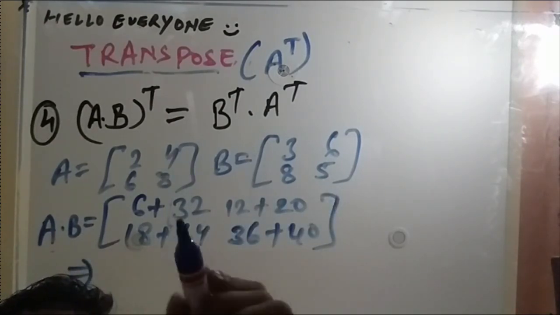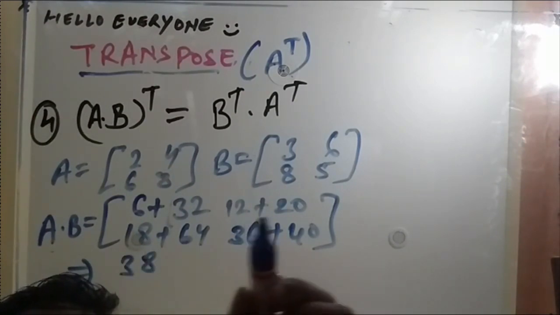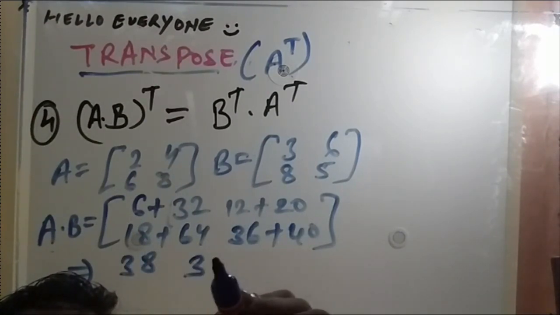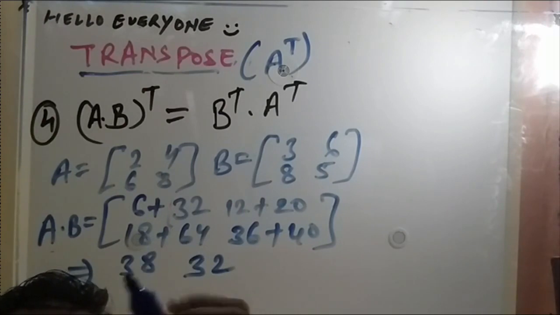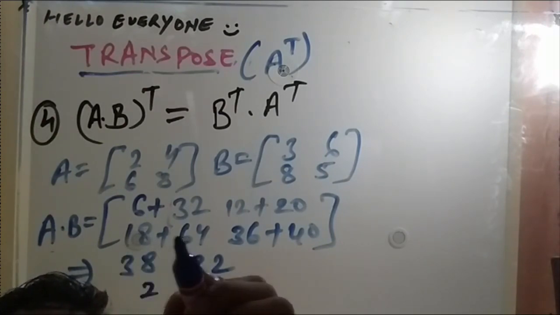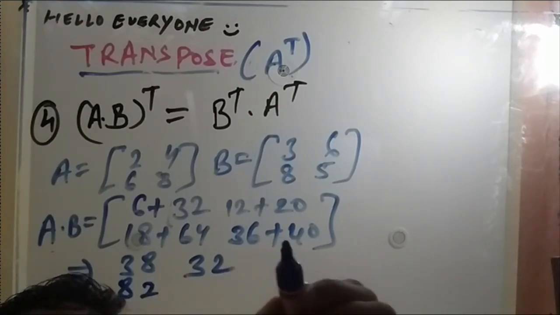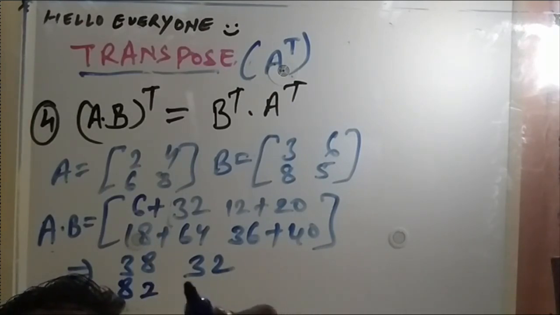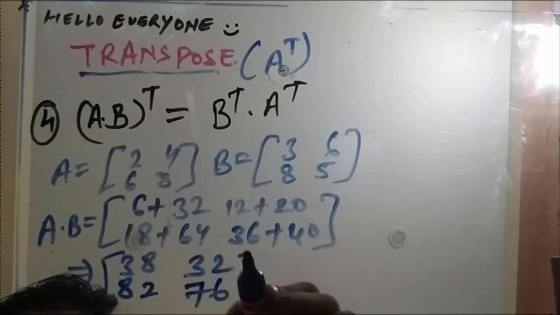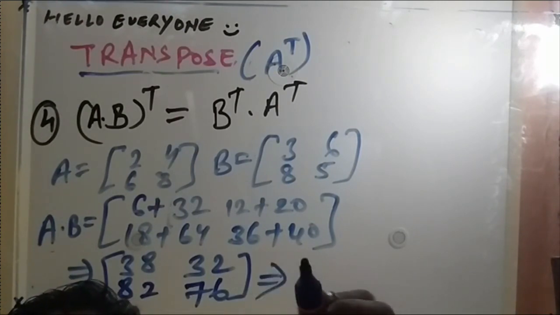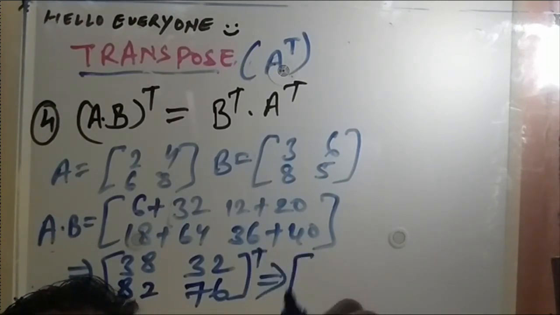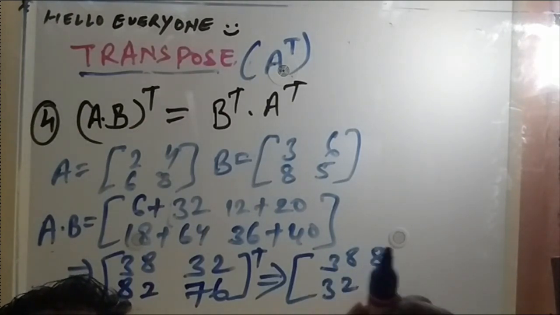And the result will give 38, 32, 82, and this will give 76. Let's transpose this one. This will give 38, 32, 82, 76.